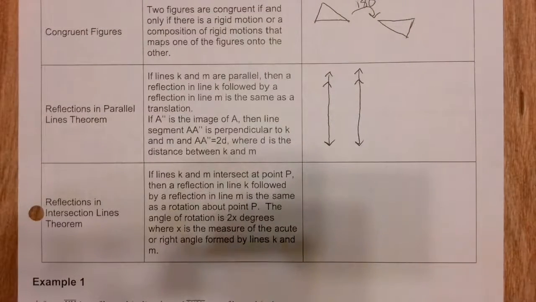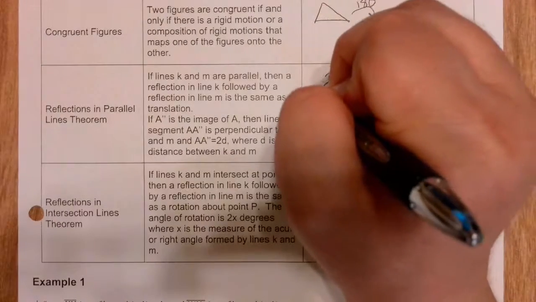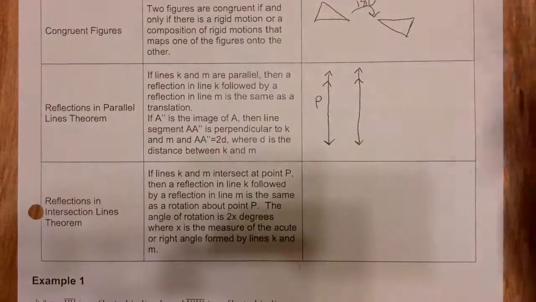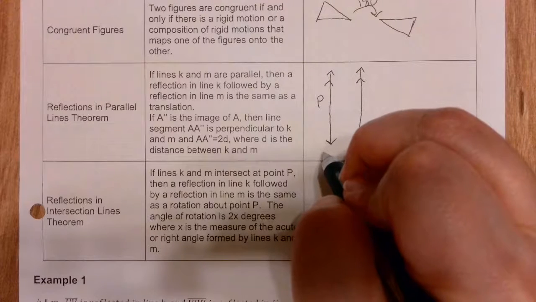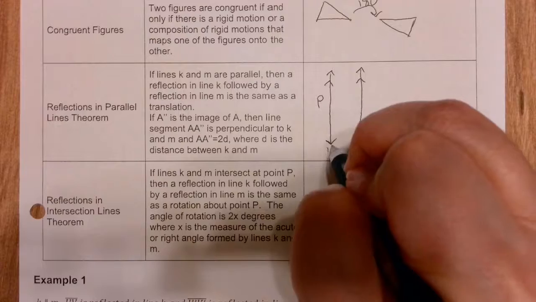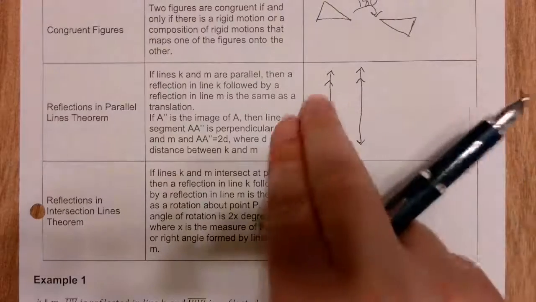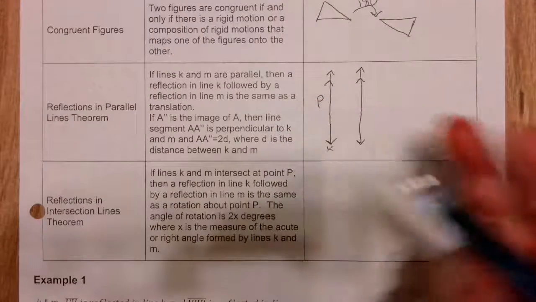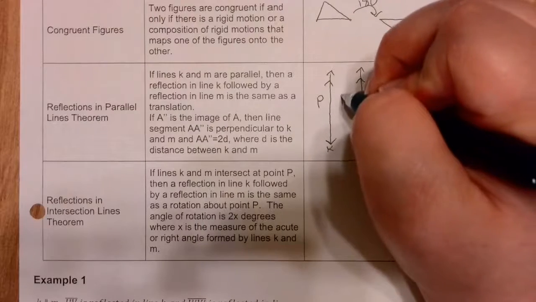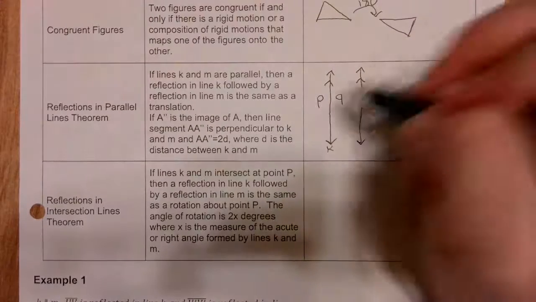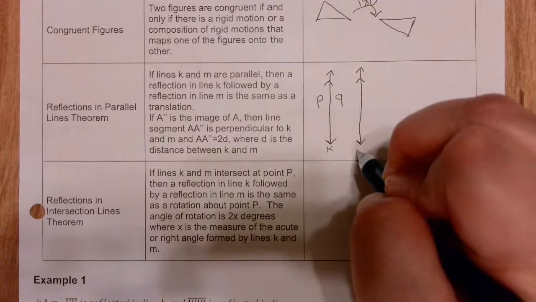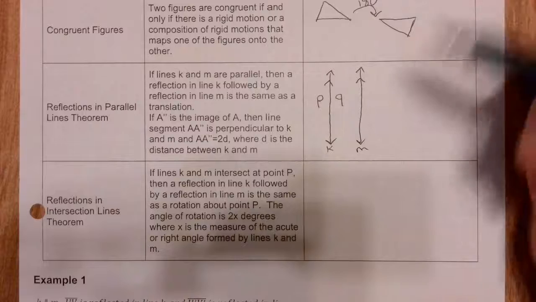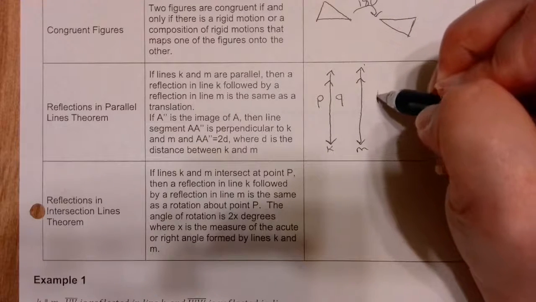So we take something maybe like the letter P, and we reflect the P over the first line, K. Take this P, flip it over the line, and it's going to look something like this. It's going to be backwards. Now take that P, the second one, and reflect it again over line M. It'll look more like this.